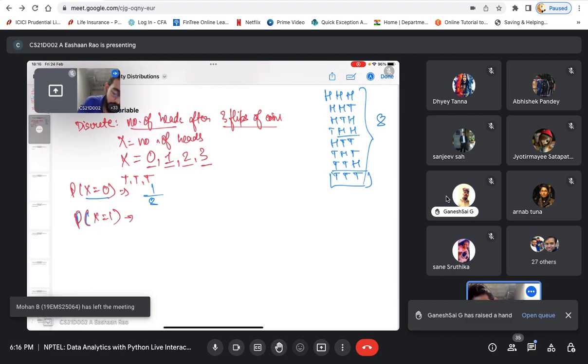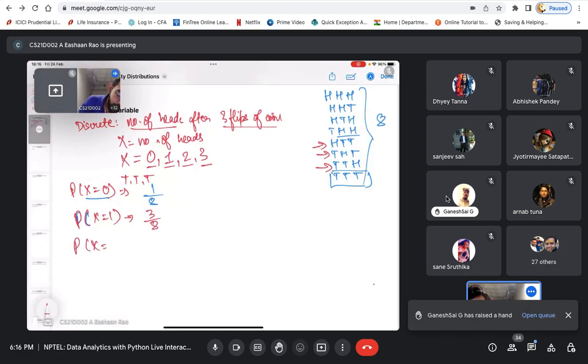The scenarios will be this case, this case, and this case. So 3 times it came, so we can say 3 by 8. Similarly, when heads came 2 times, this case, this case, this case, it's 3 by 8, and P of x equal to 3, that means all 3 times head came, that is 1 by 8.